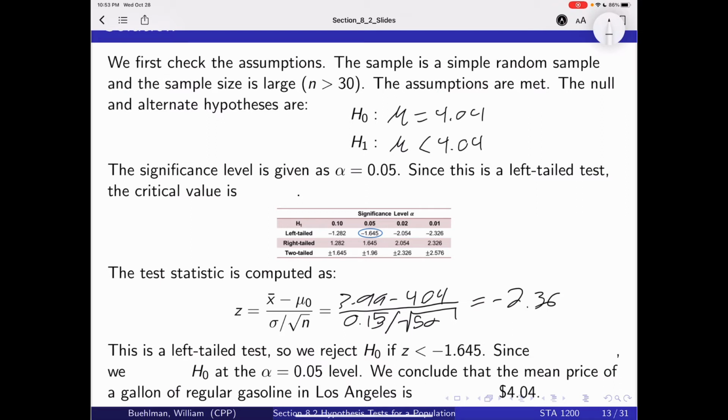Since negative 2.36 is less than negative 1.645, we reject the null hypothesis at alpha equaling 0.05. We conclude that the mean price of a gallon of gasoline in Los Angeles is less than $4.04.